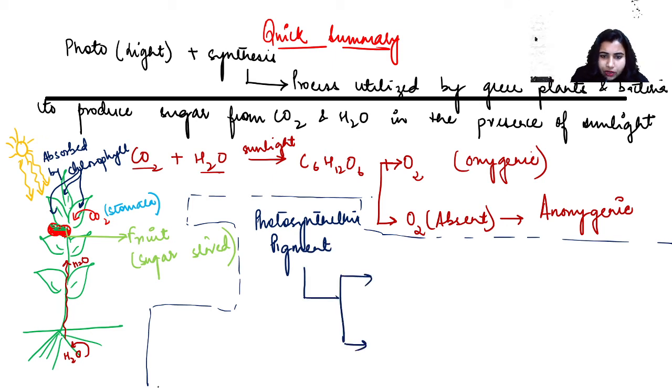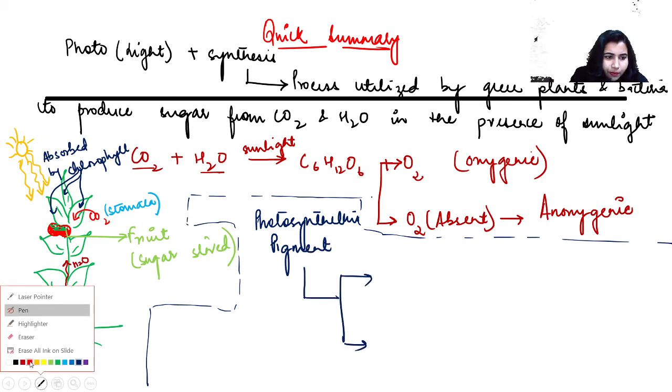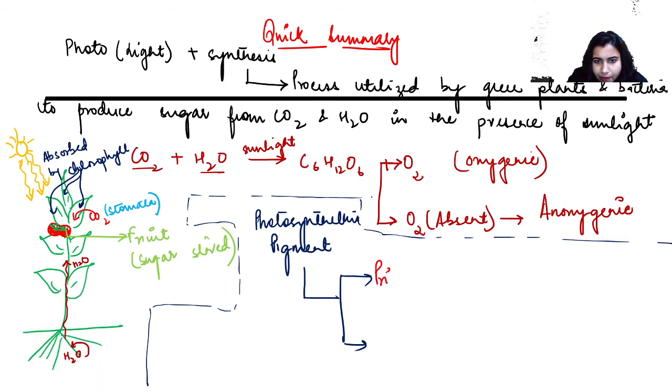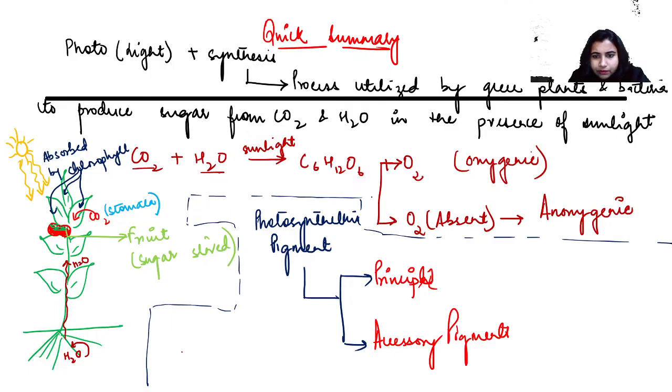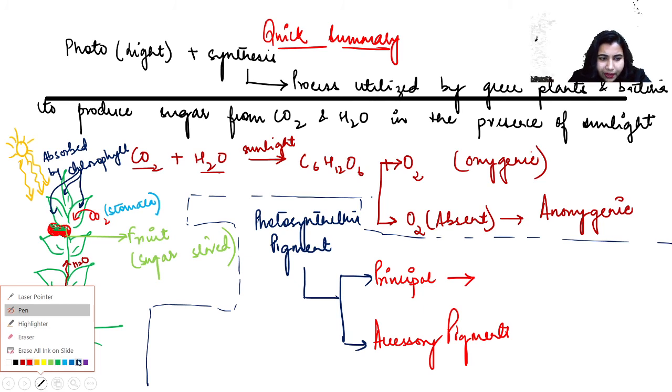What are the two types of pigments? They are the principal pigment and the accessory pigment, right? So what is your principal pigment?